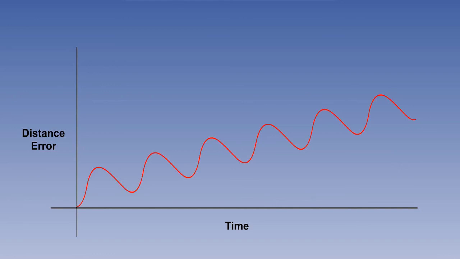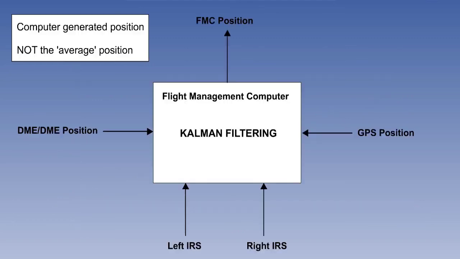This is then used in the computation of future computer-generated positions. Kalman filtering is complicated, and does not lend itself to broad simplifications. However, it is important to realize that the FMC position is not the average of the IRS and DME or GPS position, but is computer-generated using a sophisticated statistical algorithm.